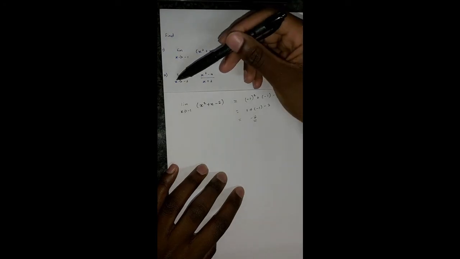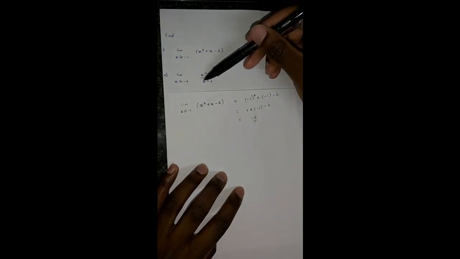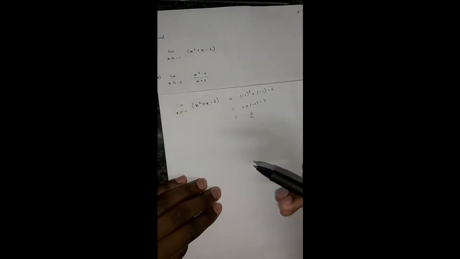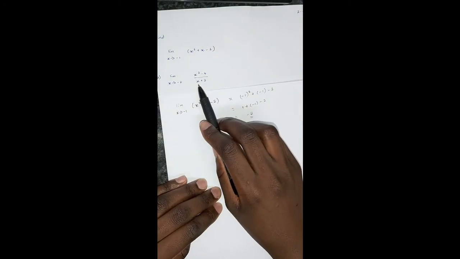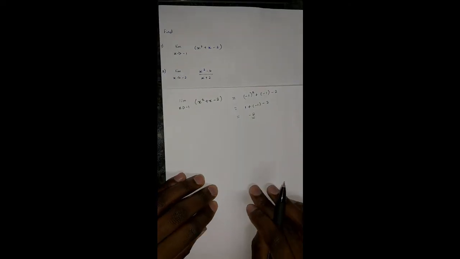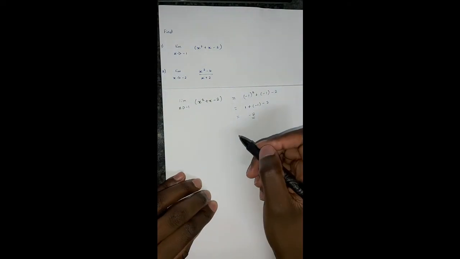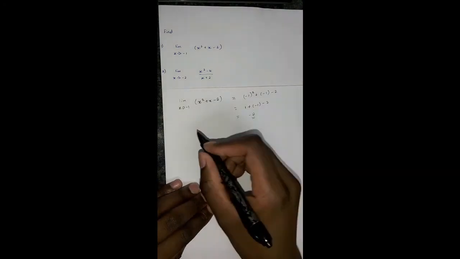Find the limit of x squared minus 4 over x plus 2 as x approaches negative 2. With this one, by direct substitution, if you put negative 2 into the denominator, you're going to have a denominator of 0, and we said we cannot have a denominator of 0. So we're obviously going to use factorization.